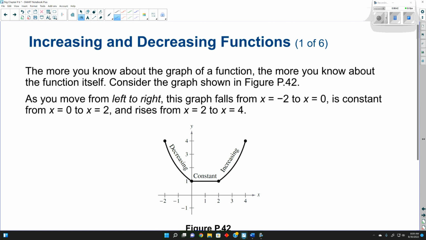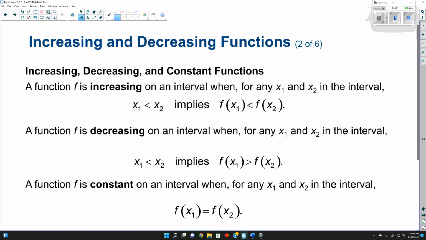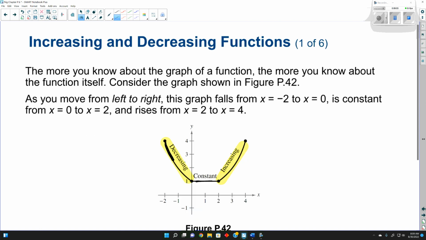Well, it says, as we're coming from left to right, that this portion of the graph is decreasing, this portion is constant, and this portion is increasing. One's going down, one is staying the same, and one's going up. And we always read it from left to right. And we talk about the increasing or decreasing on the interval of the x-axis. So we talk about the x values for which it is increasing, decreasing, or remaining constant.